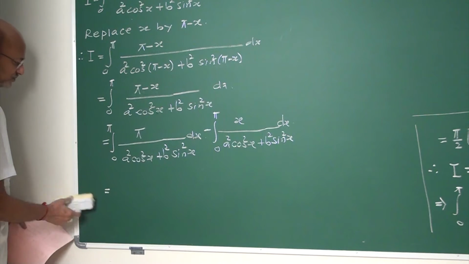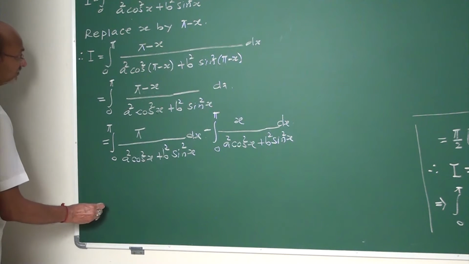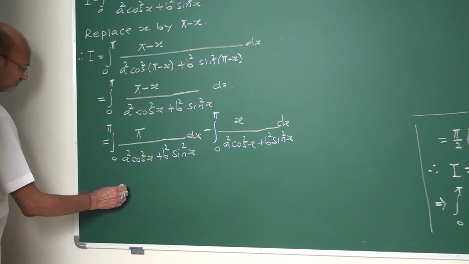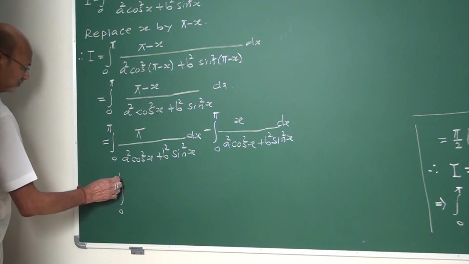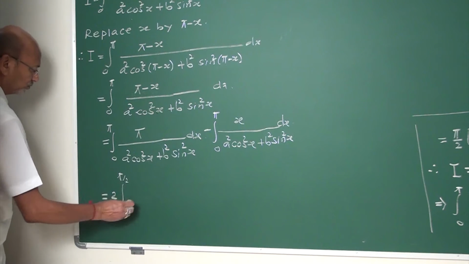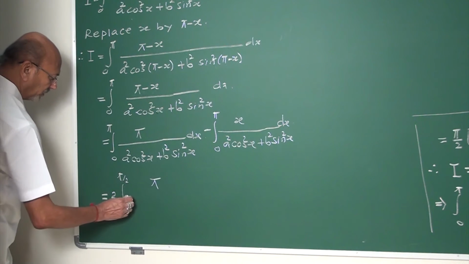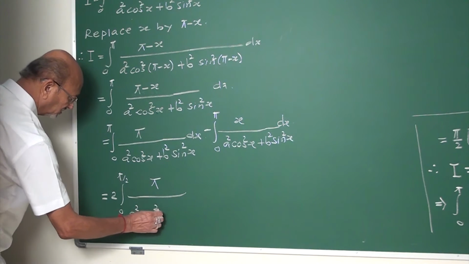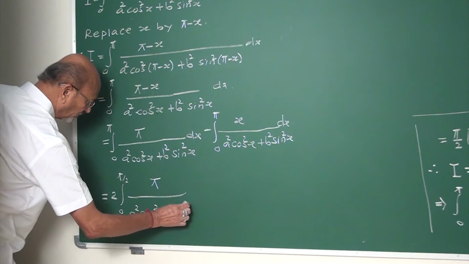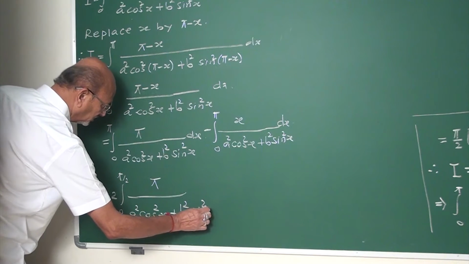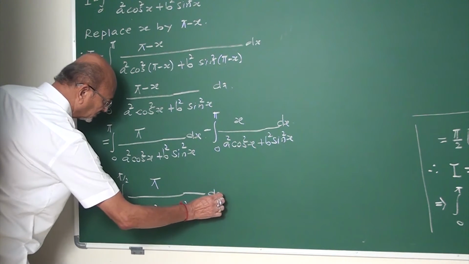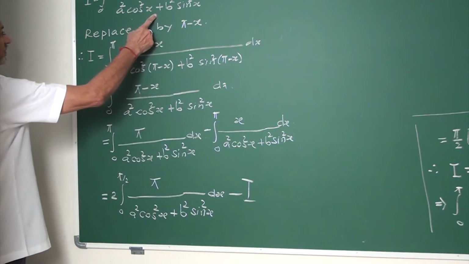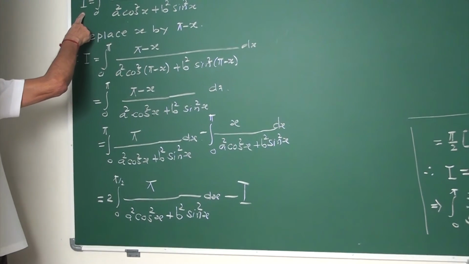It is 2 times integral 0 to pi by 2, pi upon a square cos square x plus b square sin square x dx. What is this? This is I: x upon a square cos square x plus b square sin square x. We have taken this as I.